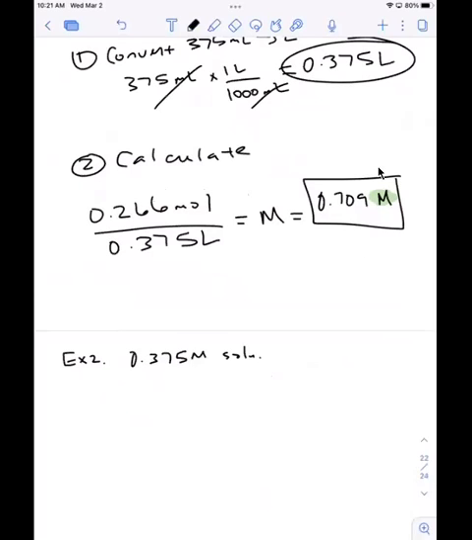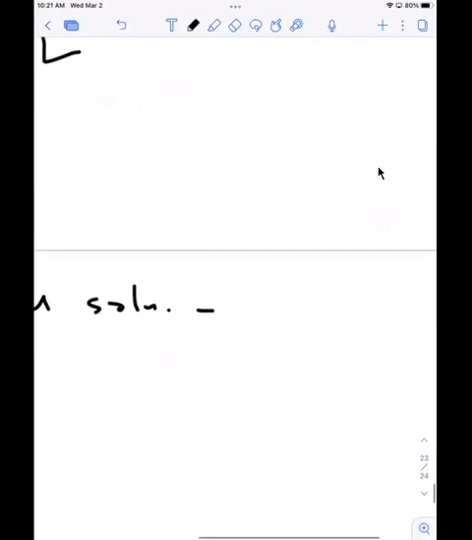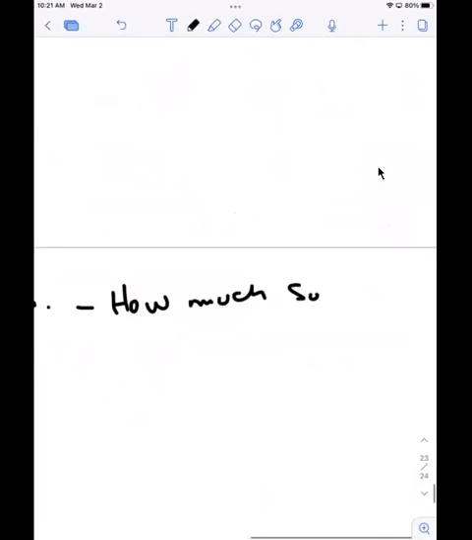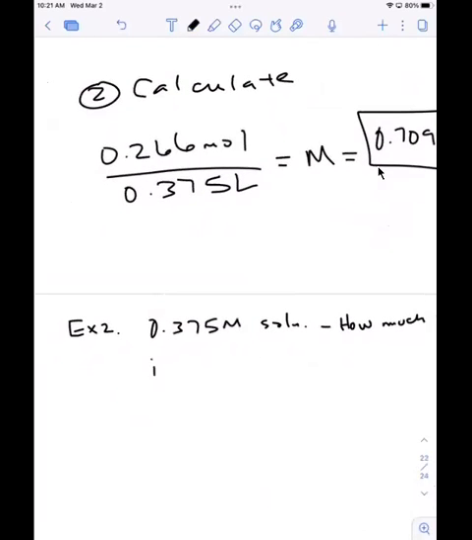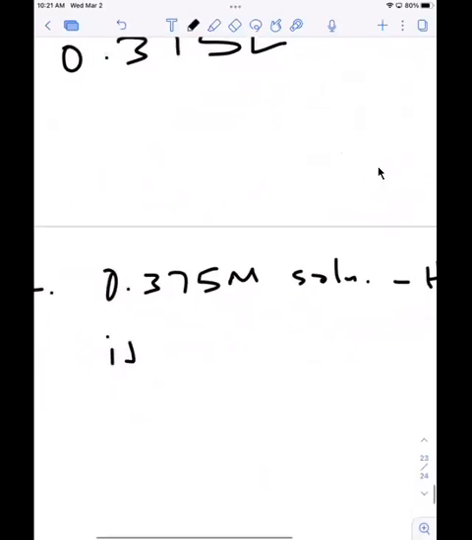And the question is, how much solute is in 10 milliliters of that solution? It's homogeneous, so we know we can take out 10 milliliters and we're going to get a specific number of moles in that 10 milliliters.